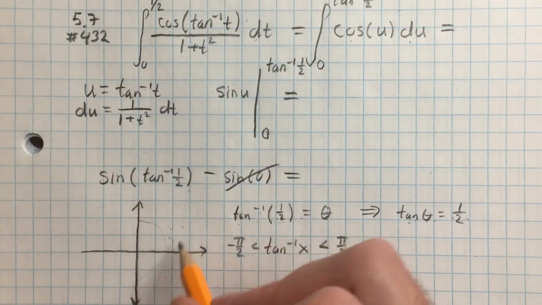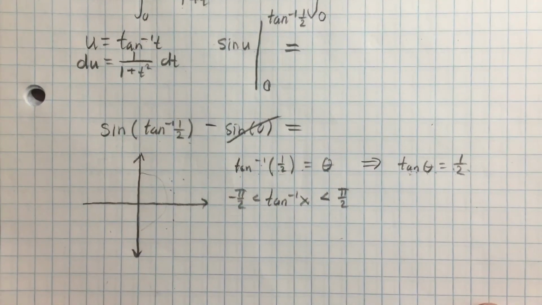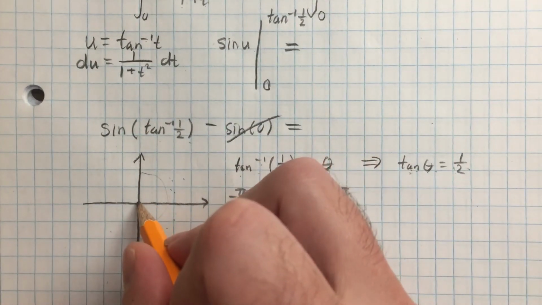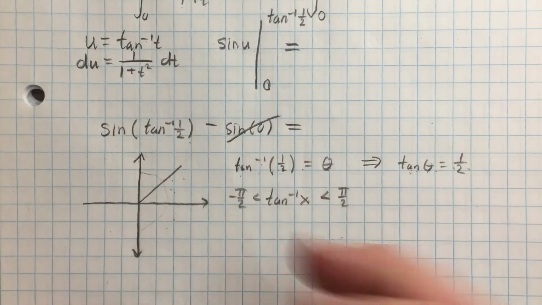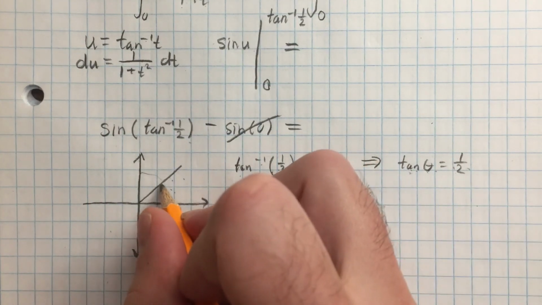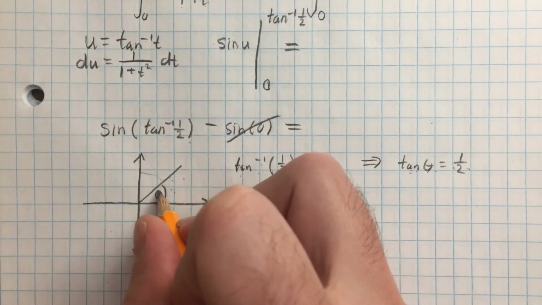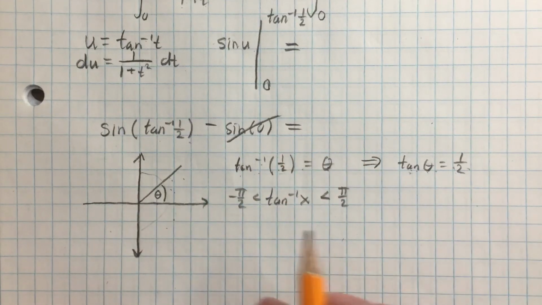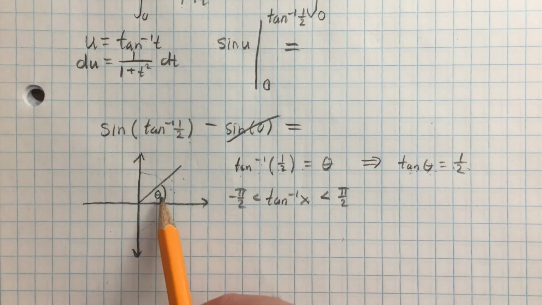But since we're stuck between first and fourth, it must be the first. Okay. So I'm just going to draw an arbitrary picture in here. It looks like it's 45, but it's not. It's just an arbitrary drawing. But this angle is the mysterious theta that we're not going to figure out. The point is not to find the angle theta. The main thrust is that we know it's in the first quadrant.